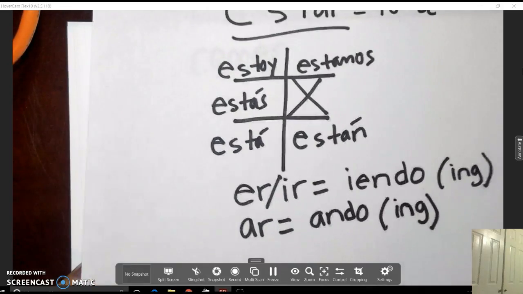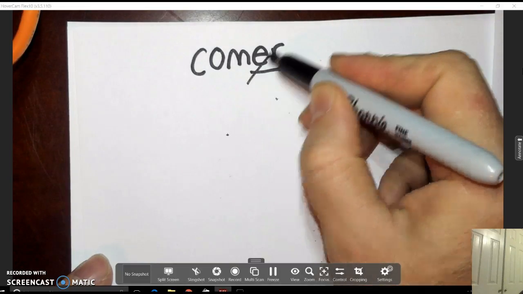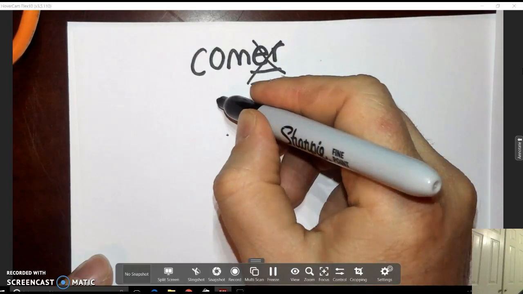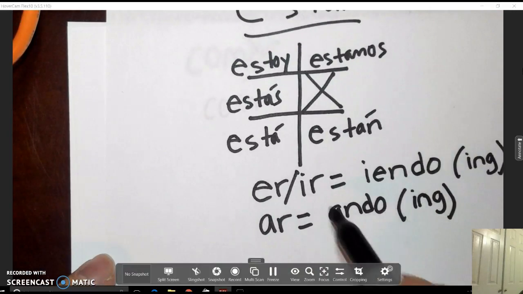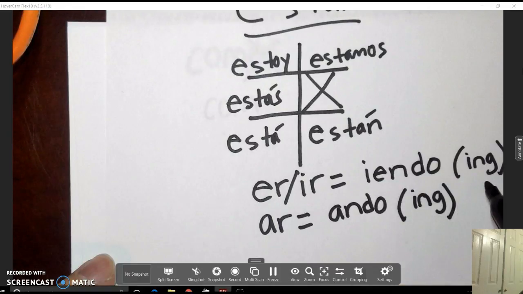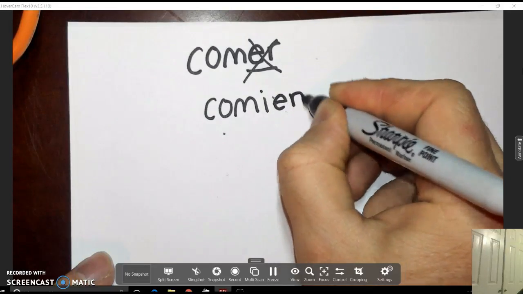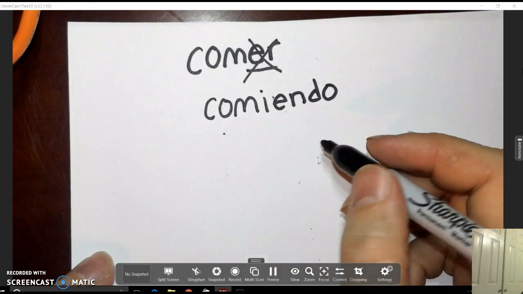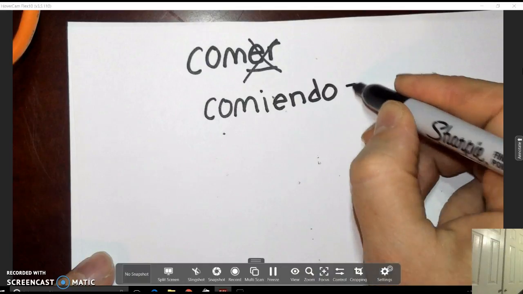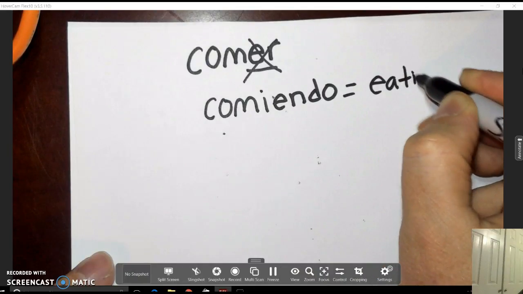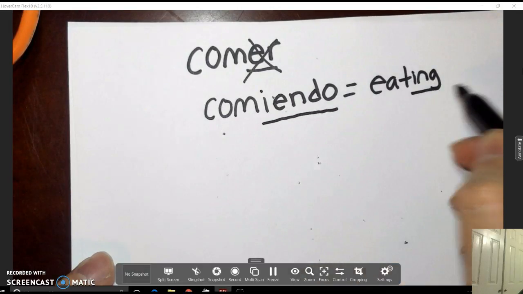So the first thing we need to do, just like we do with conjugation, is drop off the last two letters and you're left with a stem. Because it's an ER verb, we add IENDO. So the new word that you get is comiendo. That is equivalent to saying eating. So there's your ing in Spanish, there's the English, eating.